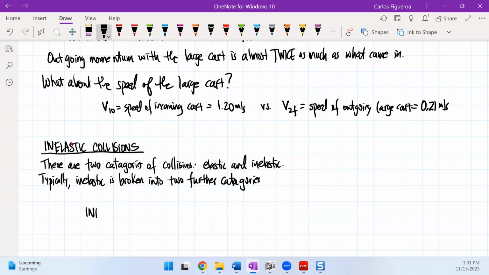So we have what we call inelastic, but in the inelastic, it turns out that there's two kinds of inelastic. Believe it or not, one of them is called inelastic collisions. And the second one, which is easier, is called completely inelastic collision.